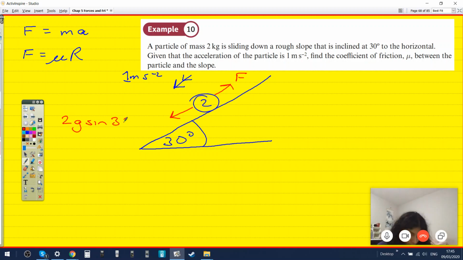Oh, that's right. Okay, I understand this now. I got confused and put in a random force going down, apart from 2g sine 30. Because I don't understand, if it has friction, shouldn't it have a force going down, like a proper force? Yeah, gravity.